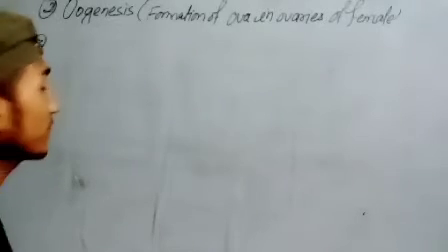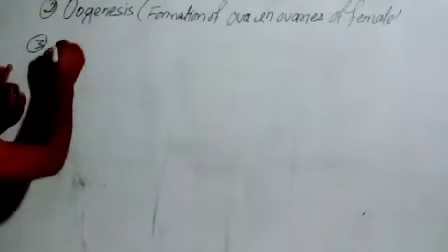So the last phase is the maturation phase. In the last, there is the formation of oocytes, and that oocyte we can say is the primary oocyte.